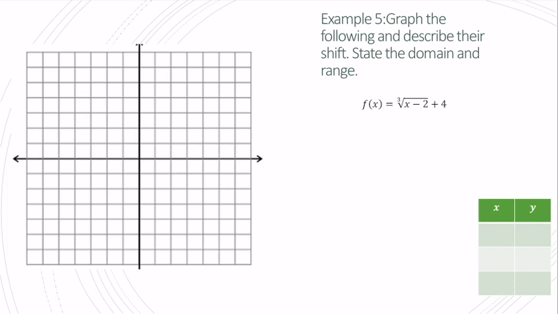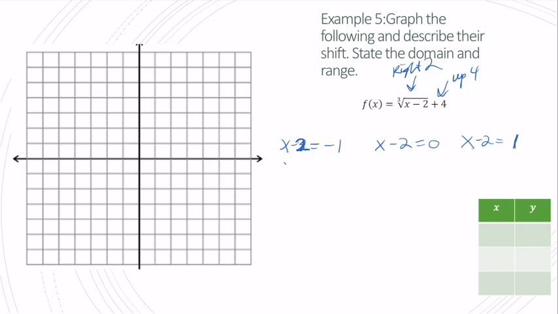Last example, this time we're taking the cube root. This has been shifted up 4 and right 2. So I can find the first few points by setting this equal to the first few perfect cubes, right? The reason I'm setting x minus 2 equal to -1, 0, and 1 is because those are perfect cubes.